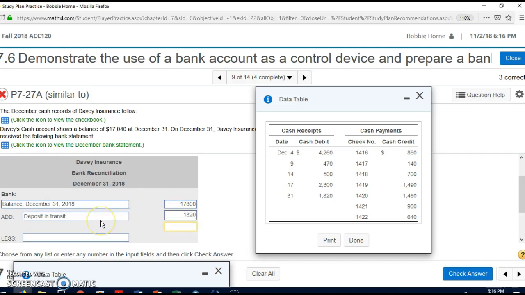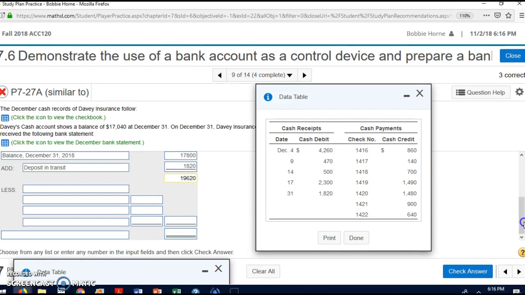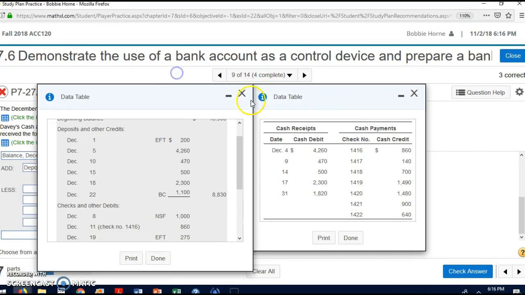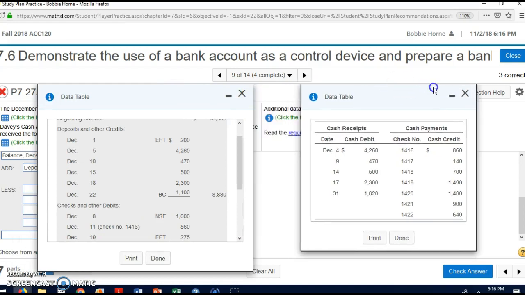So we want to add $17,800 and $1,820 together, and we get $19,620. Then we want to look at what checks we've written have not come through the bank yet.